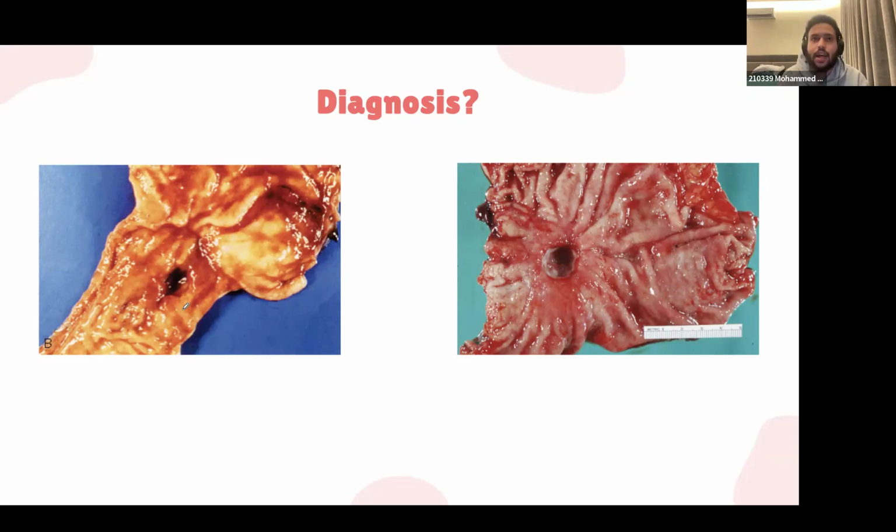Now, what is the most common complication of this ulcer? Bleeding, good. Where? Is it the posterior wall of the duodenum or the anterior wall of the duodenum? Posterior. Why? Which artery?